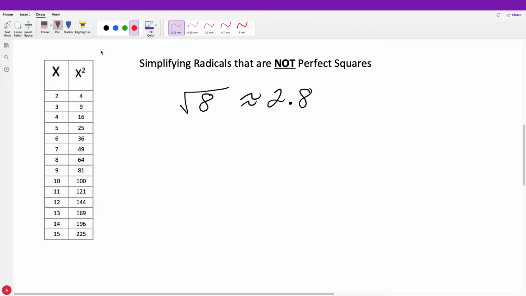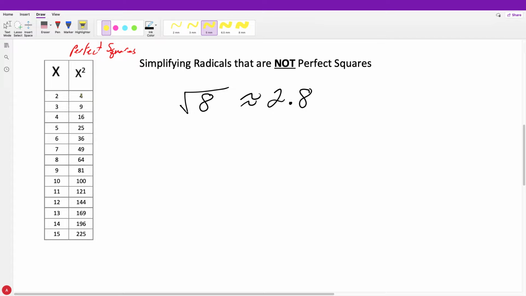So I know all these x squares are the perfect squares I'm going to be focusing on. Obviously there are more perfect squares because we can continue with 16 and 17 and so on, but we're only going to focus up until 15 or so. So when I see it's not a perfect square, I need to ask myself, can any of my perfect squares go into my square root?